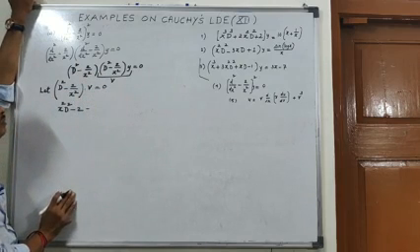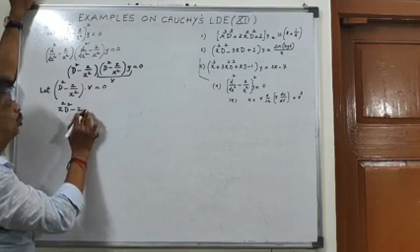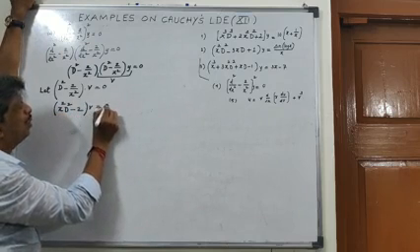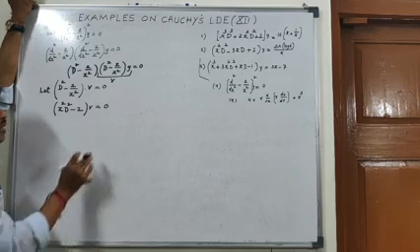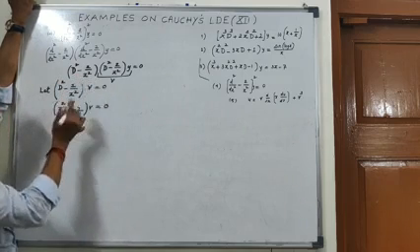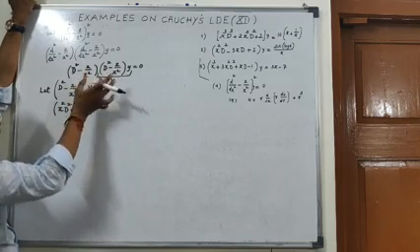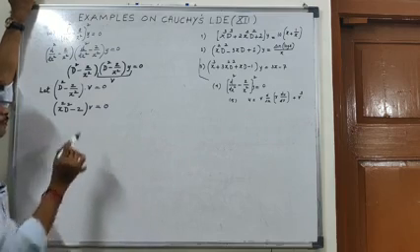Okay. Now multiply this by x square. So x square D square minus 2 into V is equal to 0 into x square. So this is a Cauchy's linear differential equation.